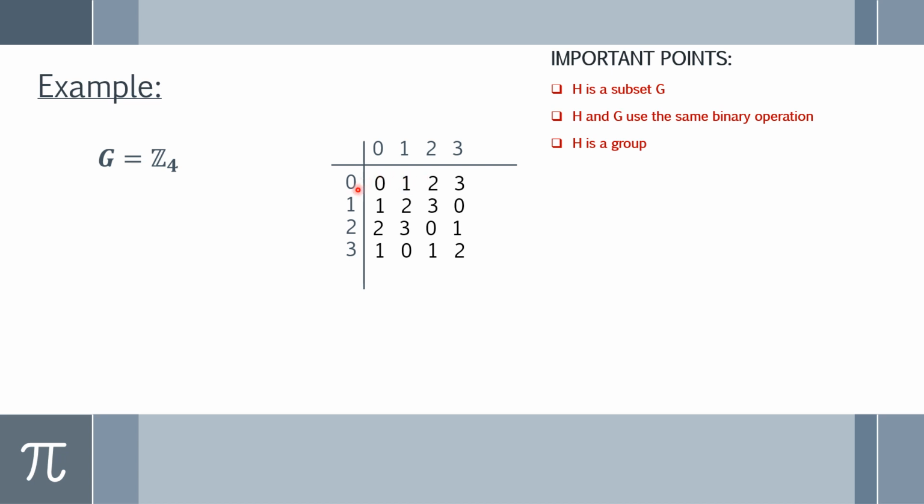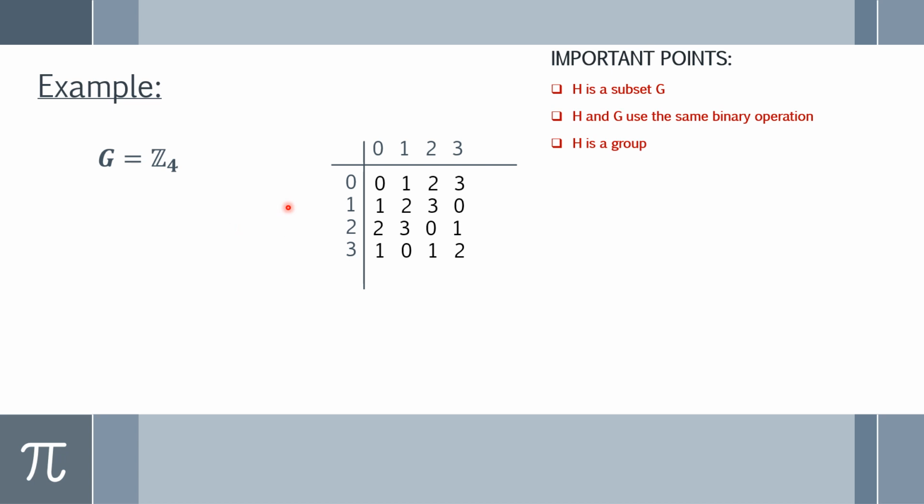Right here, 0 plus 3 is 3, or 3 mod 4 is 3. And right here, 1 plus 3 is 4, or 4 mod 4 is 0. Just review the process of modulo.